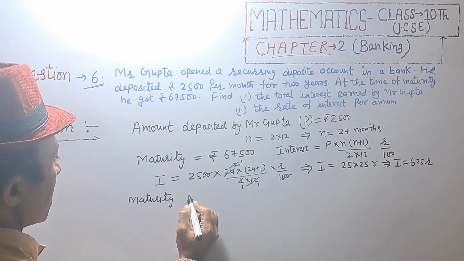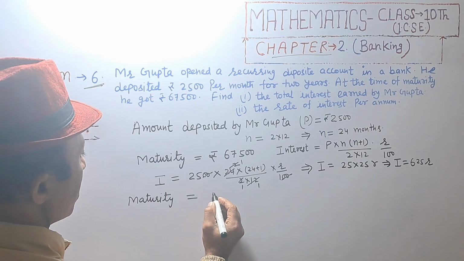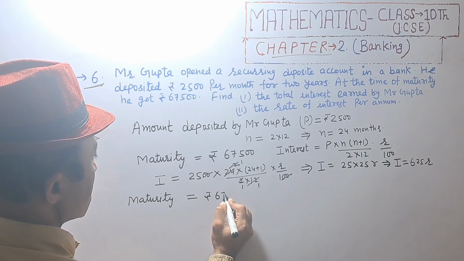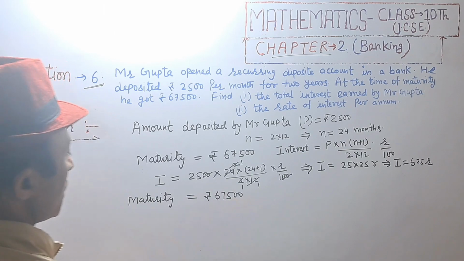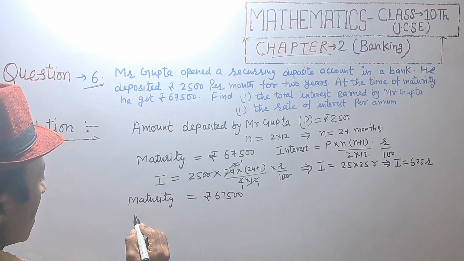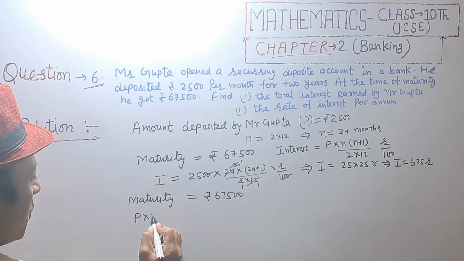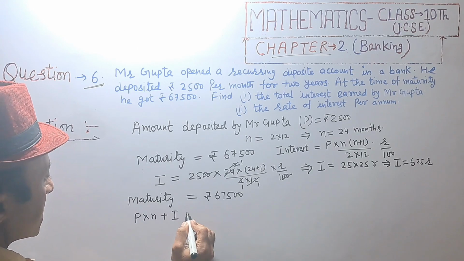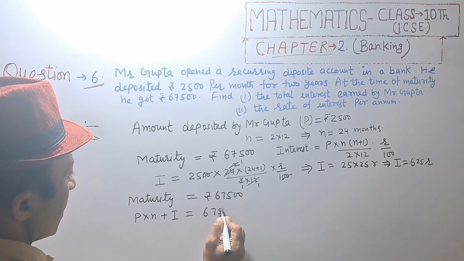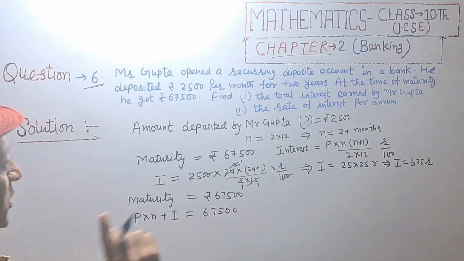Maturity is equal to rupees 67500, and matured value is equal to P into N plus interest is equal to 67500.